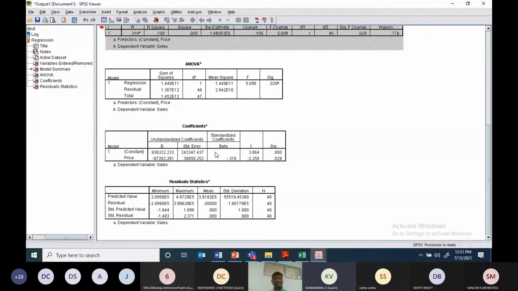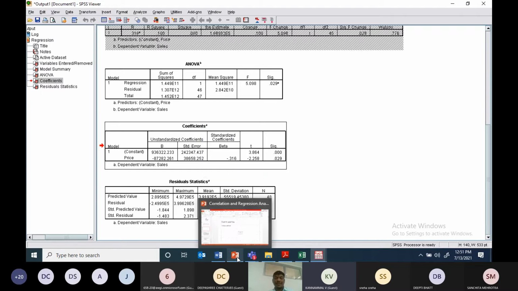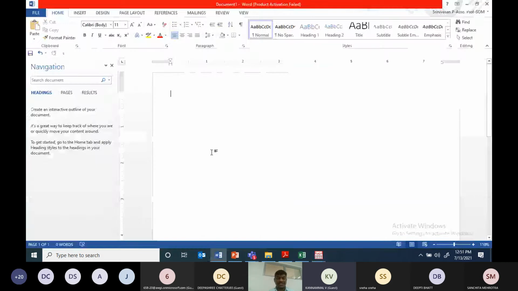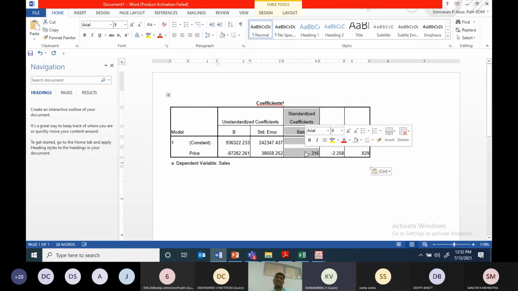Look at this. This is the main table. I'll copy and paste it in the sheet. Look at your equation here, the constant. Please don't consider this particular column, significance.